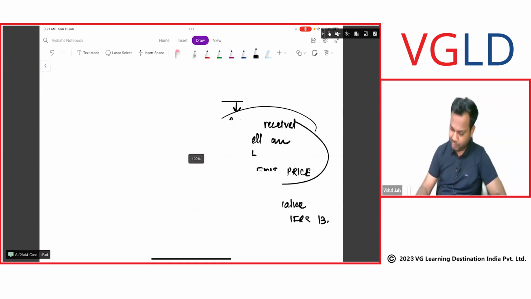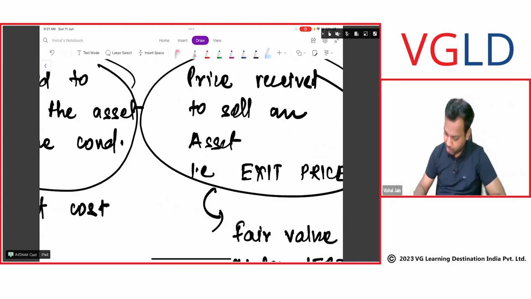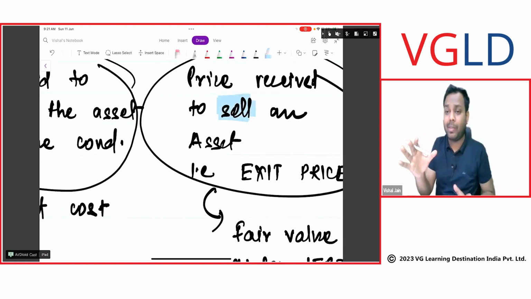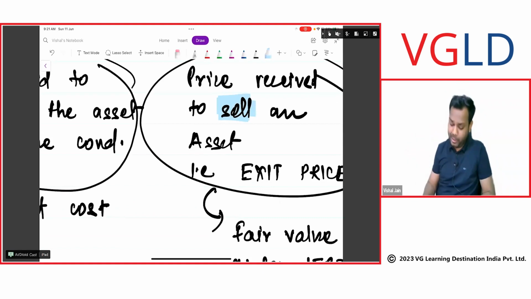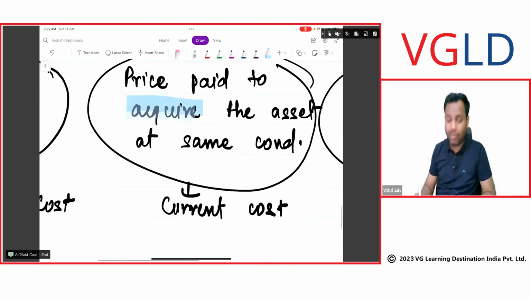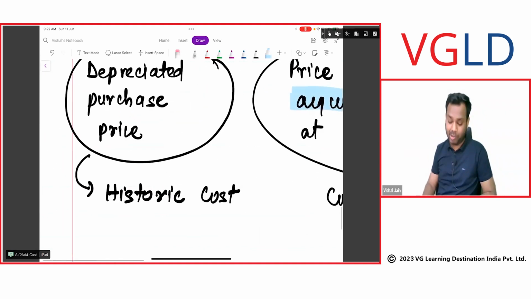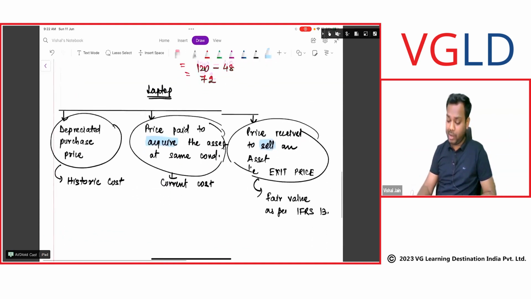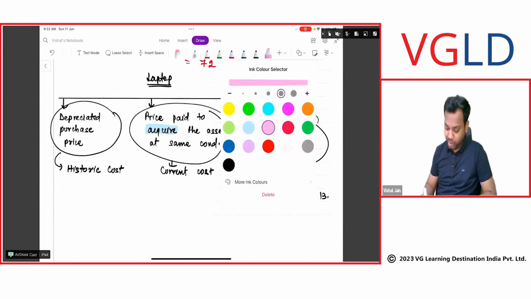Now, the difference is, the price that you get if you sell the asset you have now is called fair value. If you acquire a similar asset now, what is the value? That is called current cost. Depreciated purchase price is called the historic cost. I believe now this will definitely clear all your queries, for all of you.